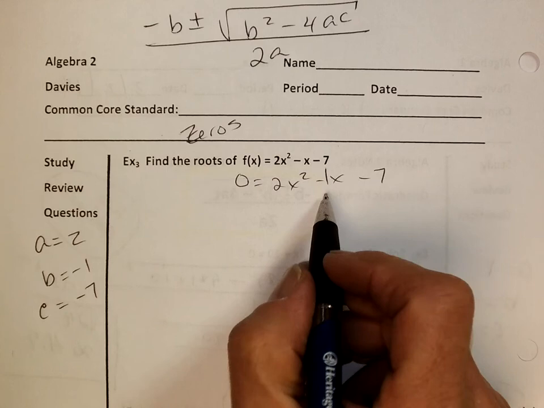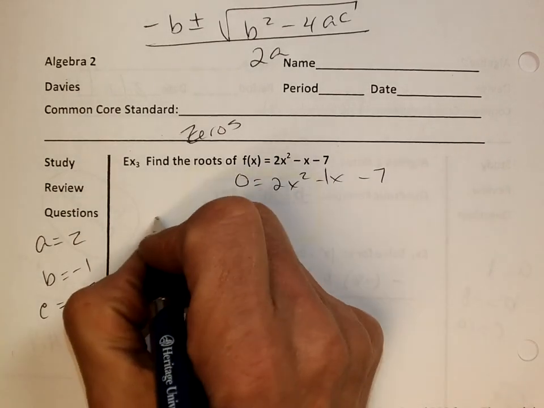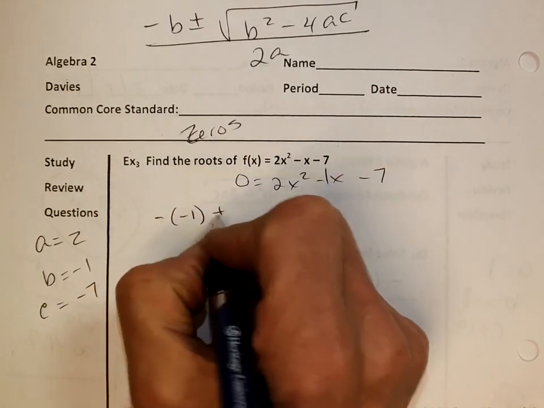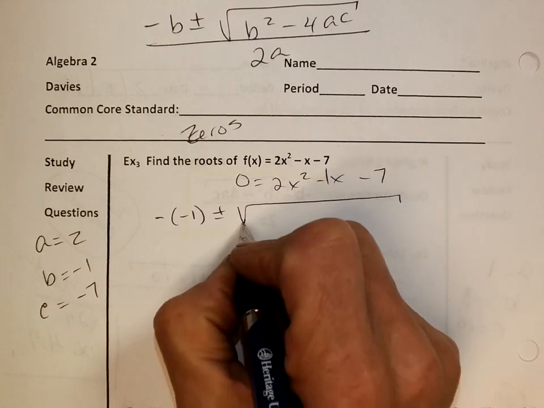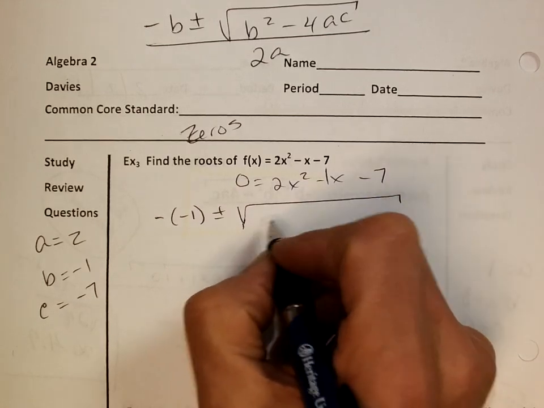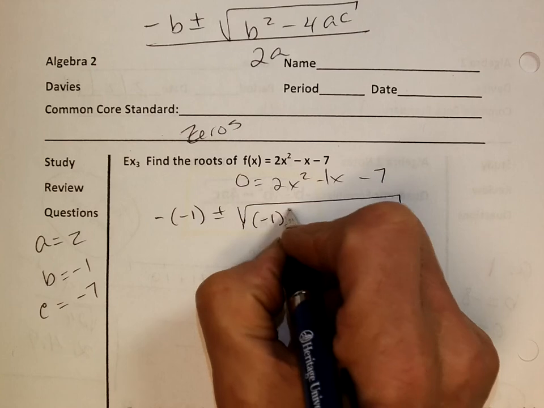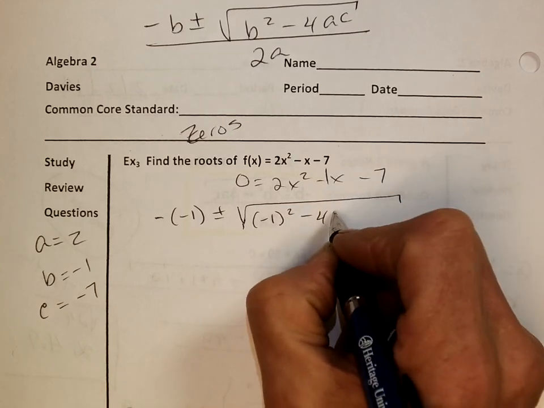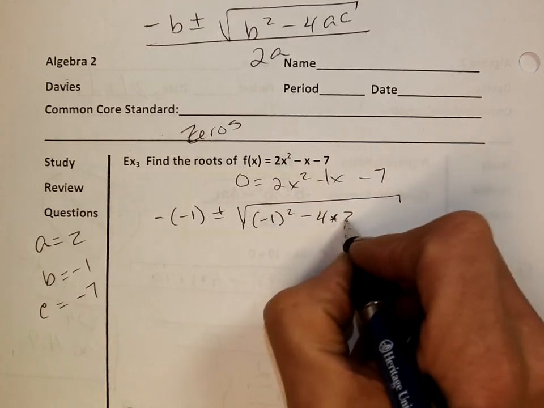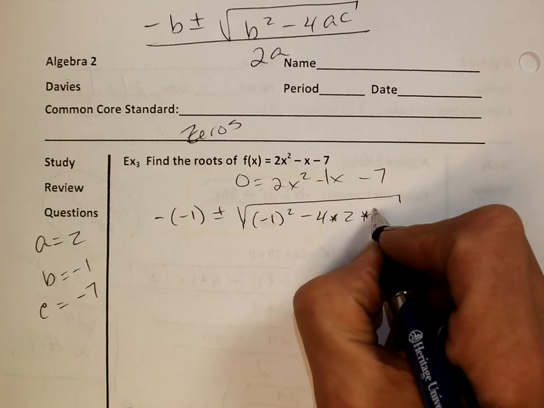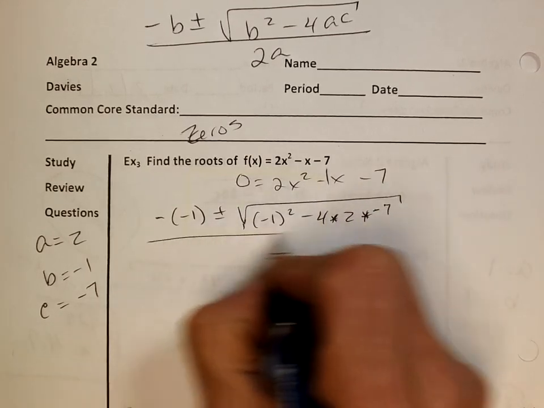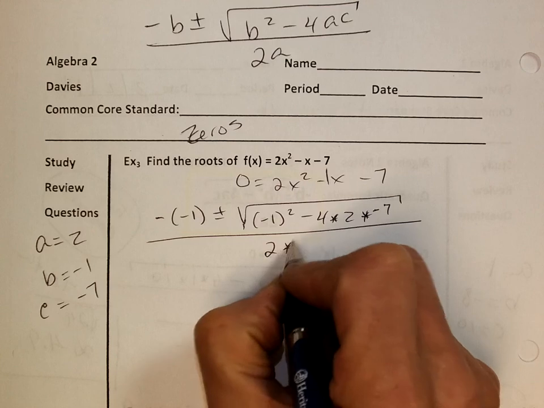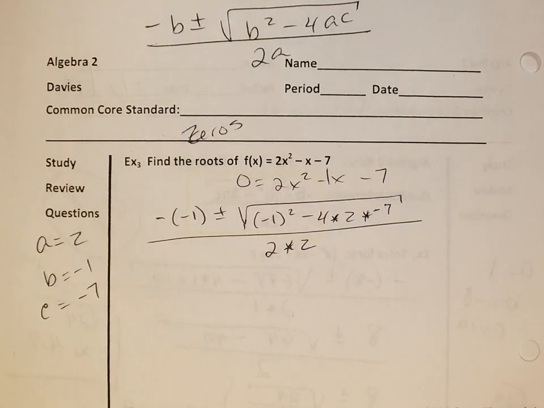And we'll do our negative b, so negative 1 plus or minus the big square root of b squared, which is negative 1 squared, minus 4 times a, which is 2, times c, which is negative 7, all over 2 times a, which is 2 times 2. Okay, so just plug the numbers into the formula, okay?